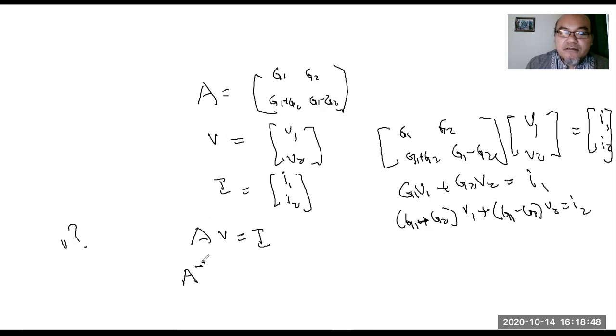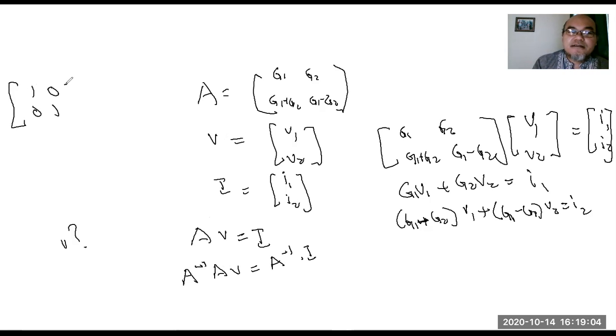Then A inverse multiplied by A multiplied by V equals A inverse multiplied by I. A inverse multiplied by A becomes the identity matrix, which is basically 1, 0, 0, 1. The diagonal is 1, the other part is 0. If it is multiplied by a vector like V1, V2, the result will be the vector itself, which is V. So V equals A inverse multiplied by I. We then obtain the values of the voltages.